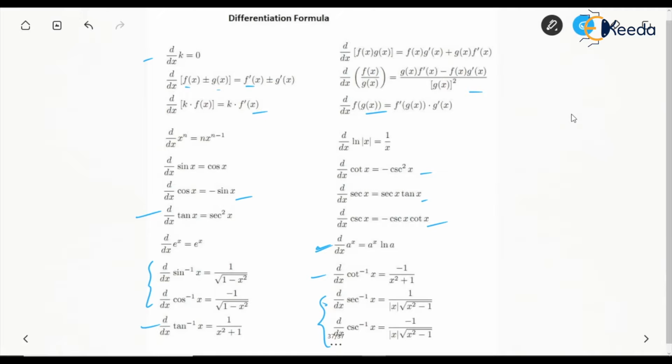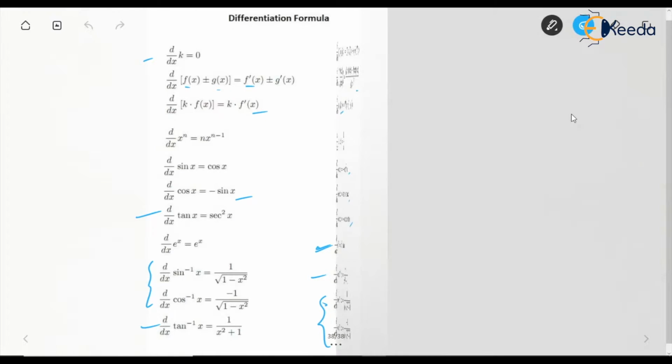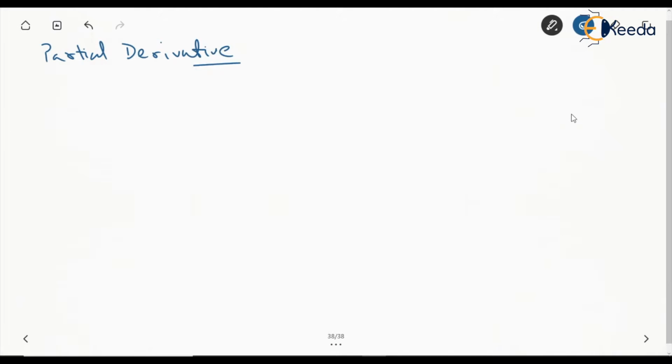So we just had to give a look at this and then we can move to the topic, that is partial derivative. So there can be a function, let's say f, of more than one variable, let's say x, y, z, or maybe more, where these variables x, y, and z are independent.